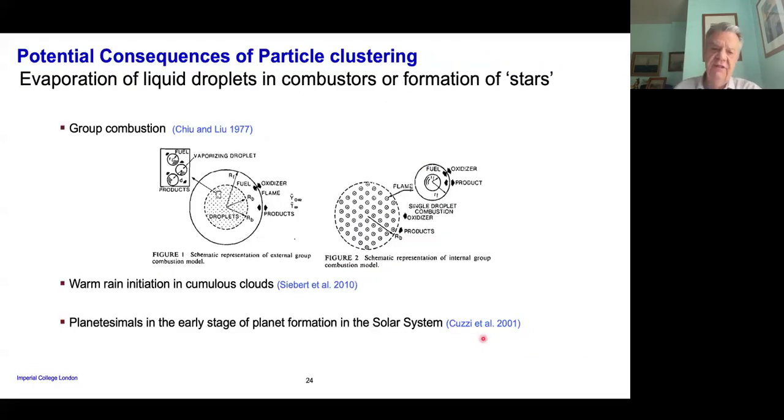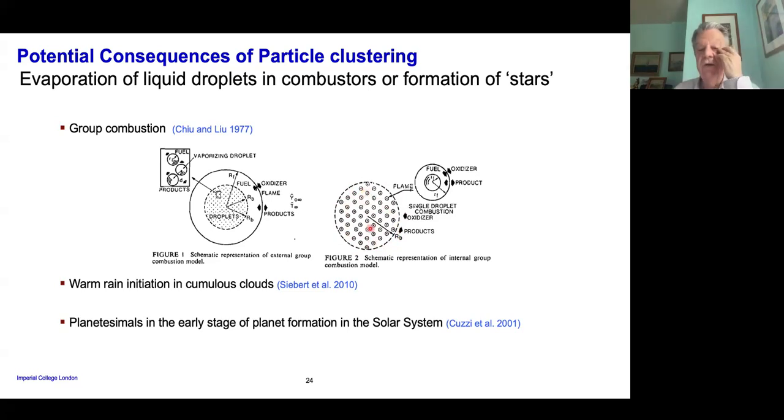This has consequences. If these are evaporating droplets, and you concentrate the droplets into a small region by increasing the concentration, you could limit the evaporation rate, because within this cluster of droplets, you saturate the vapor.